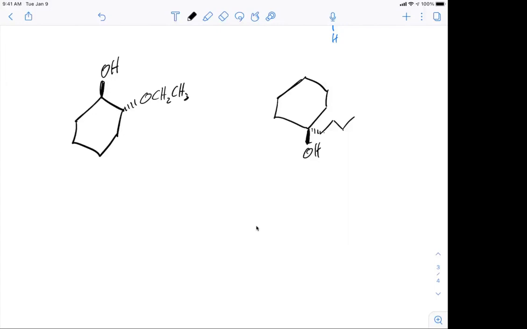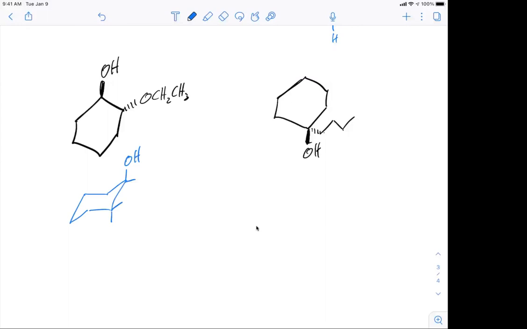If we look at these here, this first one, the best way to really do this is just go ahead and draw one. Let's draw our OH there. And then we need to think about the two positions.